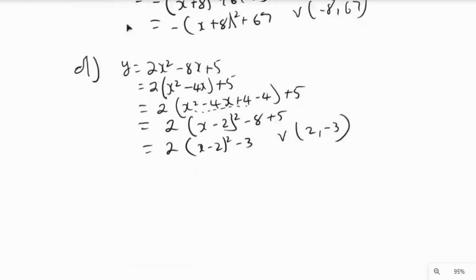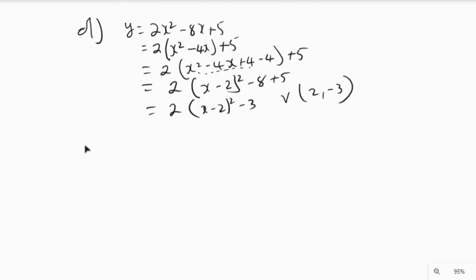Okay, let's see the last question. E. y equals negative 3x squared plus 18x minus 1. So the coefficient of x squared is not positive 1. Therefore, to make it positive 1, I take the negative 3 out, and this must be positive 1x squared.